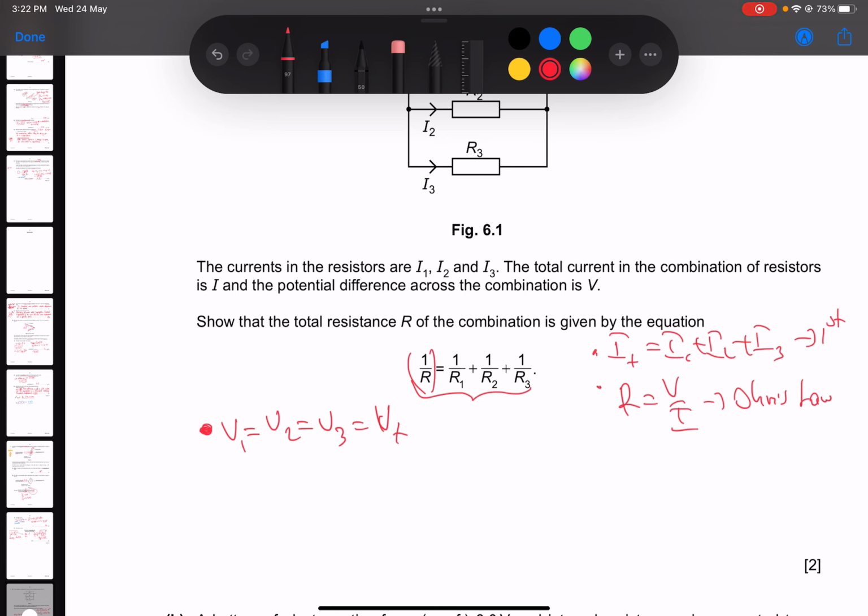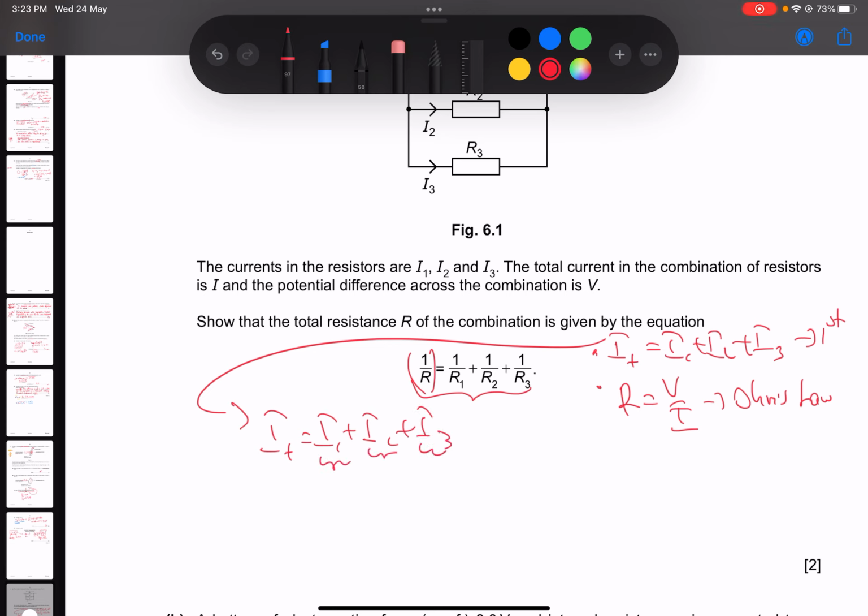Now, let's bring up Kirchhoff's first law first. I total would be I1 plus I2 plus I3. Now let's write the I's in terms of V and R. So I would be V over R, right? So I total would be V total over R total equals V1 over R1 plus V2 over R2 plus V3 over R3.